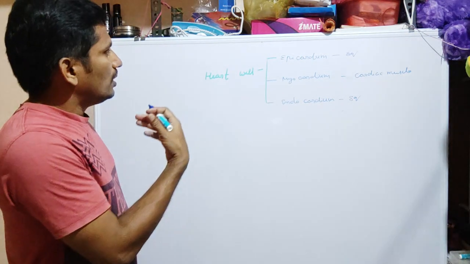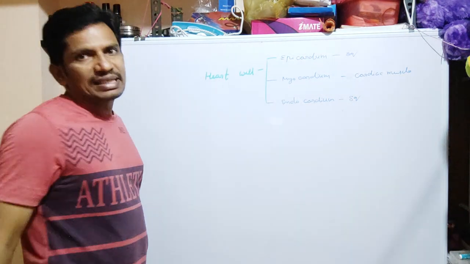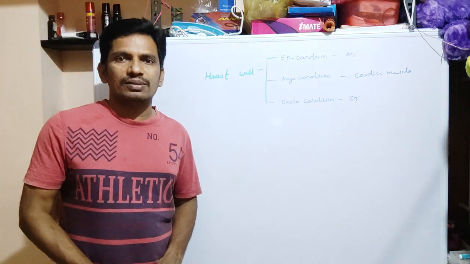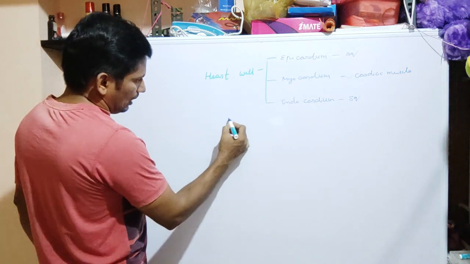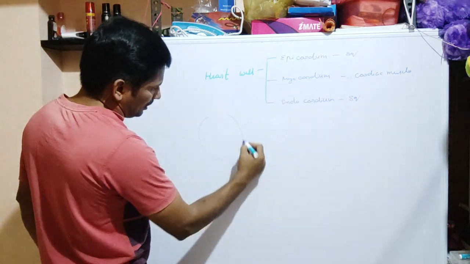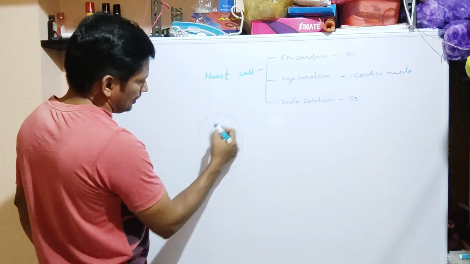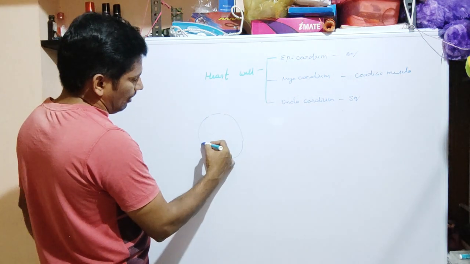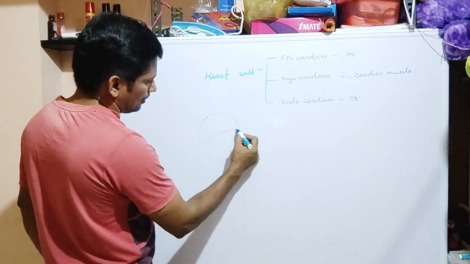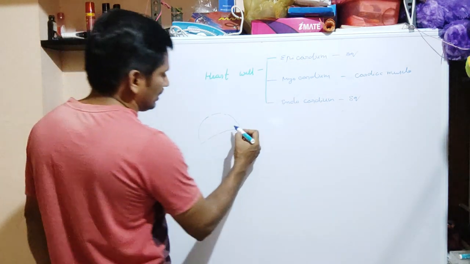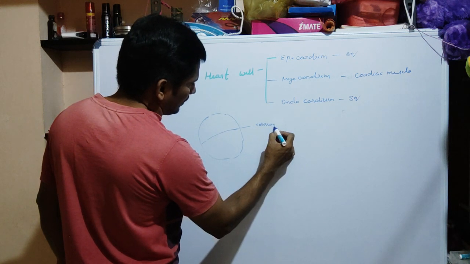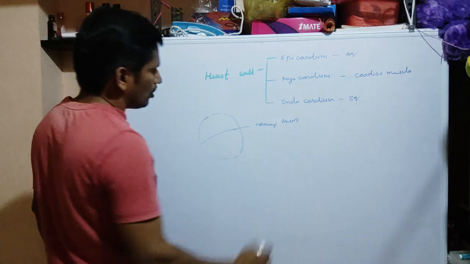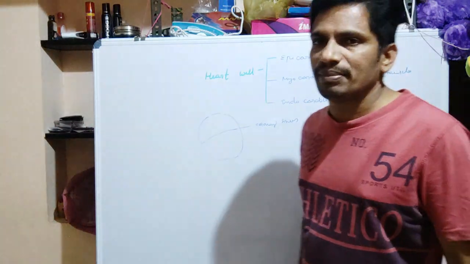Now we are going to discuss the external structure and features of the heart. The heart is externally divisible into upper and lower chambers, just a rough diagram. This external groove is called the coronary sinus, which externally divides the heart into upper and lower chambers.